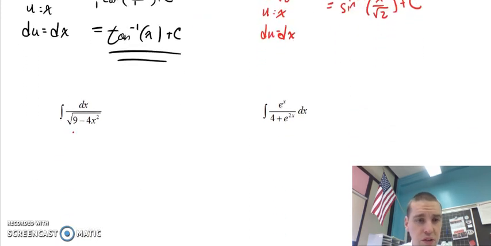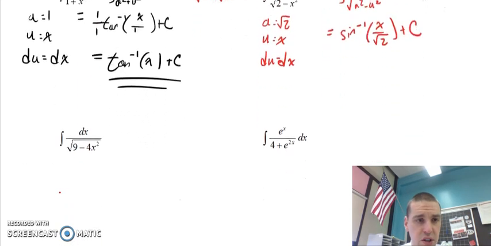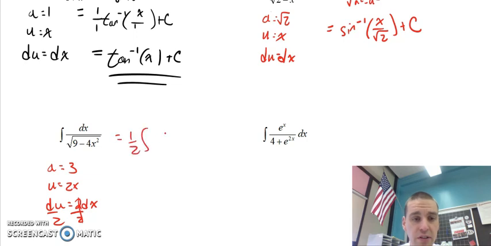With this one, notice that we are going to be, again, on sine inverse. We're going to let a equal 3 and u equal 2x. Now, here's the trick. du equals 2 dx. We don't have a 2 here, so I need to divide by 2 to get rid of that. This 1/2 is really going to come out in front.